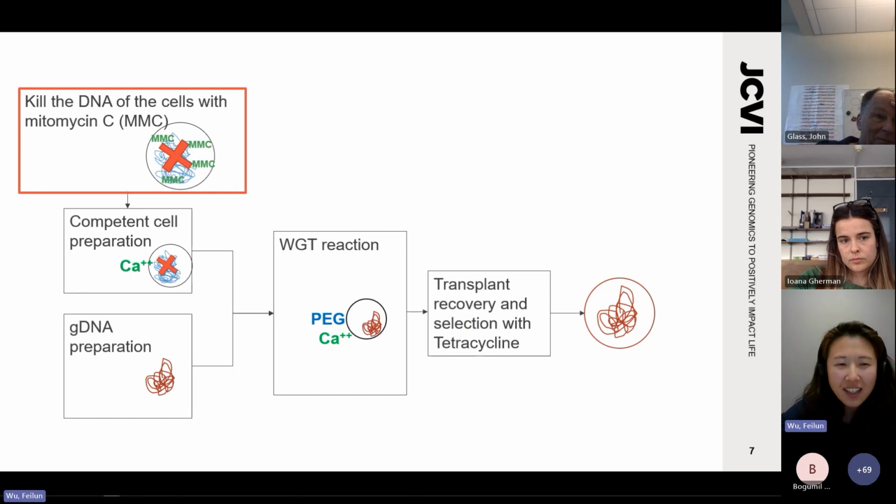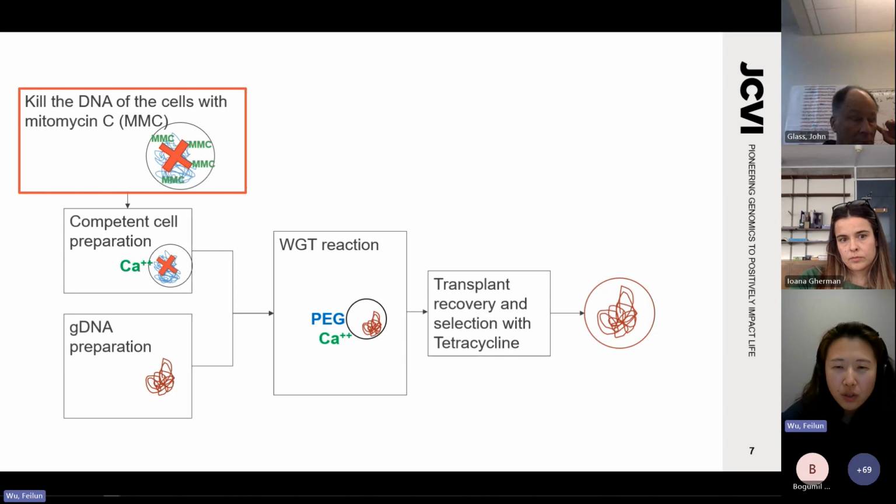How we break the cells is we treat the recipient cells with mitomycin C, abbreviated as MMC, that can cross-link the Gs and Cs in the genome, basically disabling the genome.